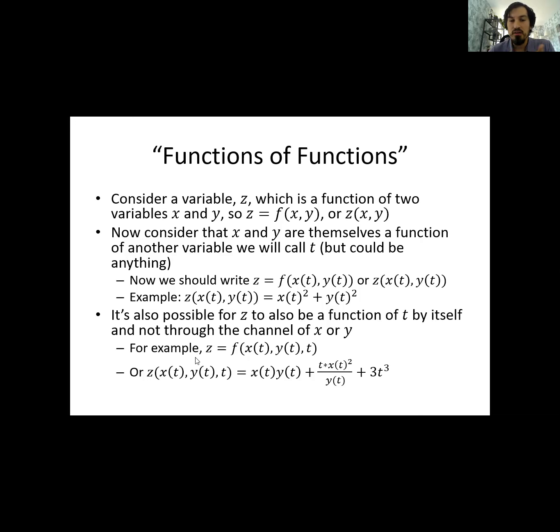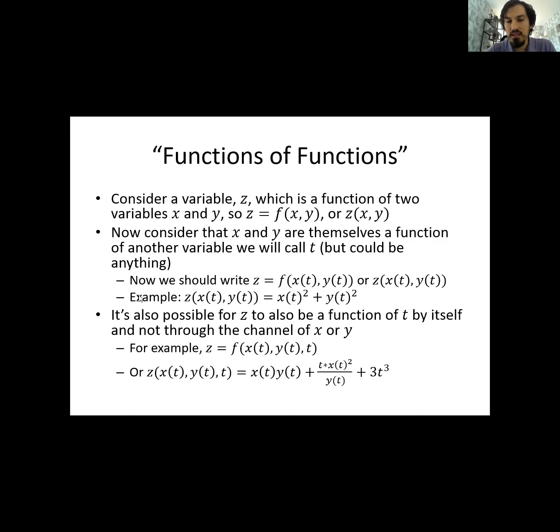First of all, before we even talk about total derivatives, it makes sense to realize that you can have a function of a function, something like what I have written here: z equals f of x of t comma y of t. This is like saying z is a function of x and x is a function of t, and z is a function of y and y is a function of t.